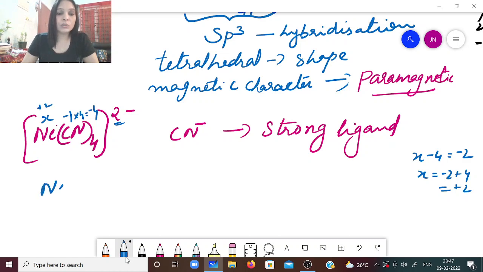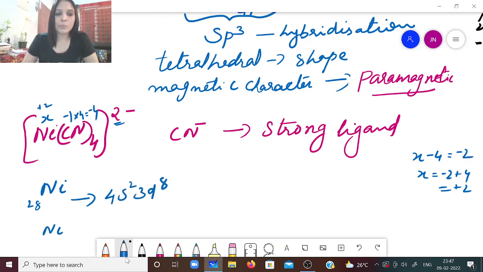So we will find out the electronic configuration of nickel. First you will write nickel, then nickel 2 plus. So first nickel 28. I am repeating the same thing I did for the last complex. Nickel 28 will be 4s2 3d8.